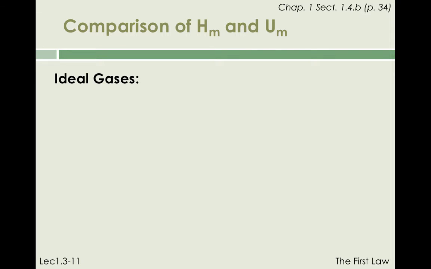Let us first assume that the process we are studying involves only gaseous substances that follow the ideal gas law. By definition, the molar enthalpy is equal to Um plus P times Vm.